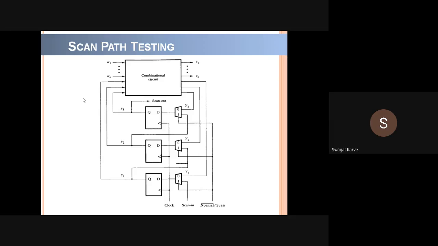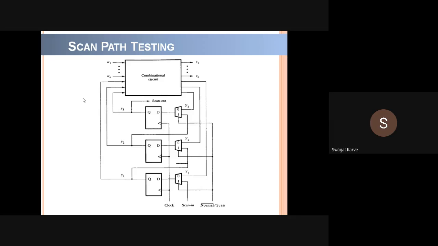And the last one is a boundary scan or JTAG. Clear? Yes, sir. Okay.